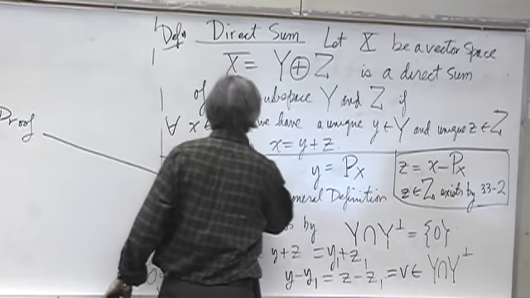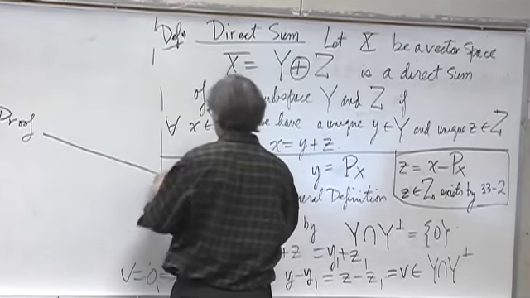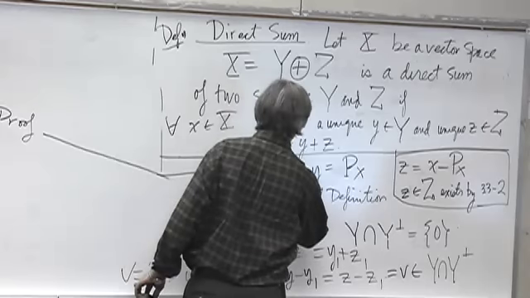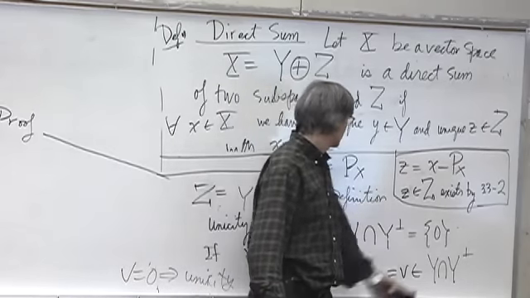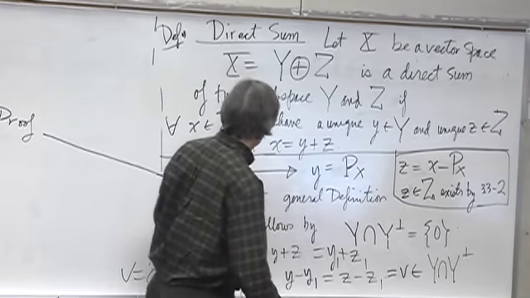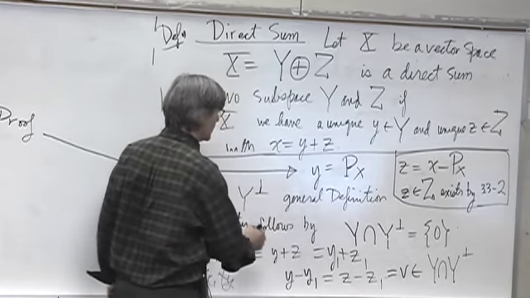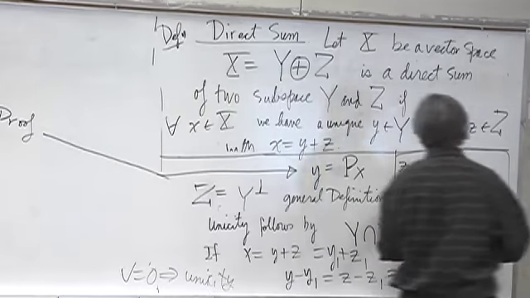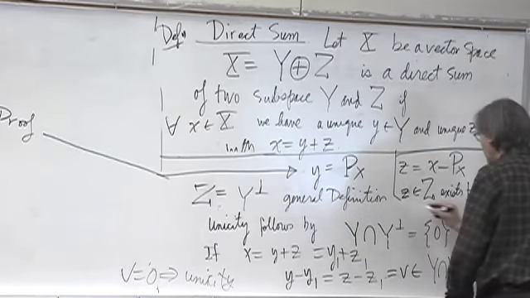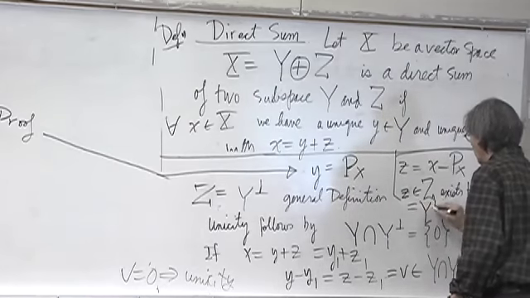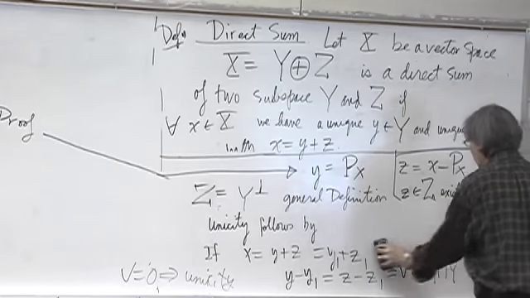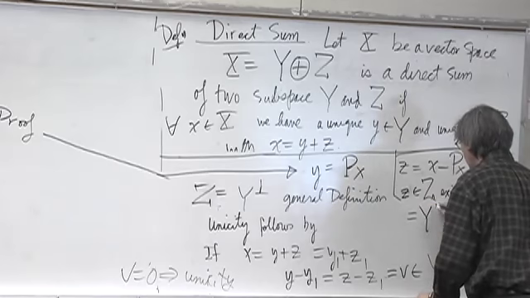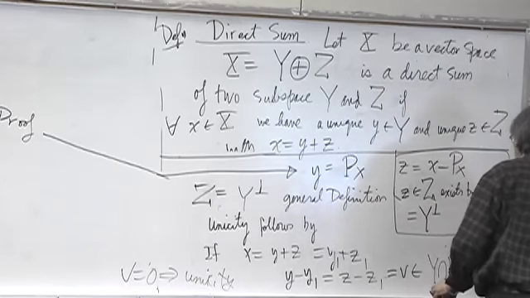Okay, so proof: Y equals Px, z equals x minus Px. Z is in the orthogonal complement. Y perp exists. Yeah, I'll get it right here, by 3.3-2.